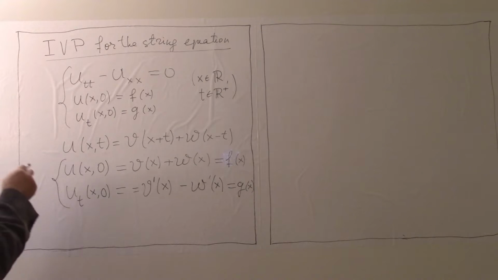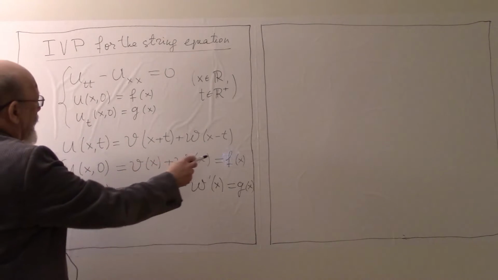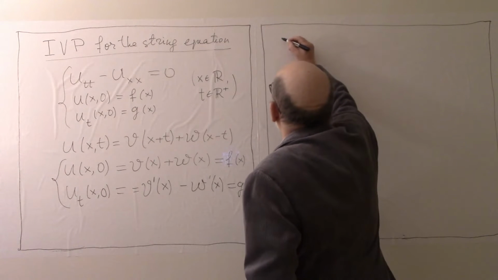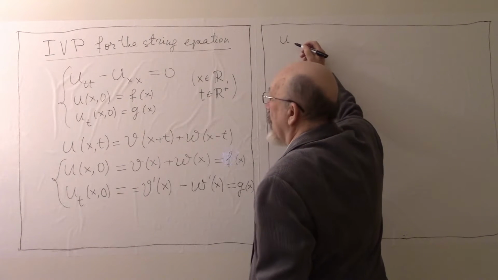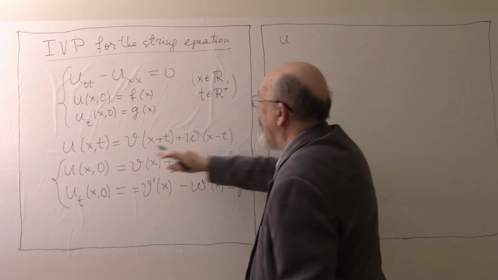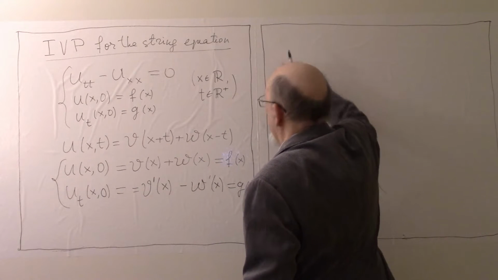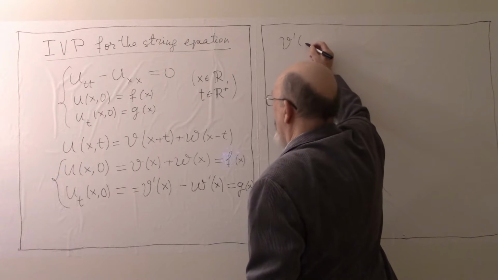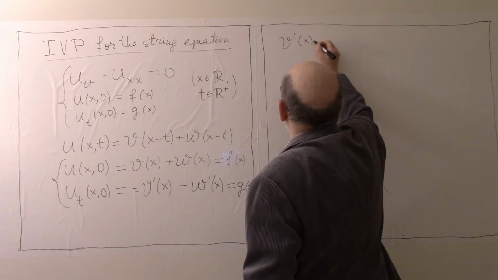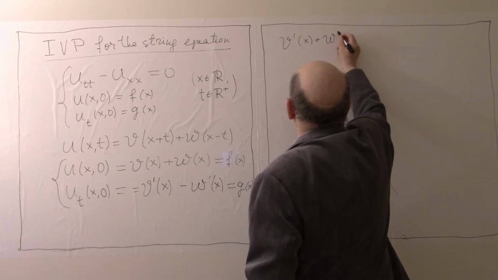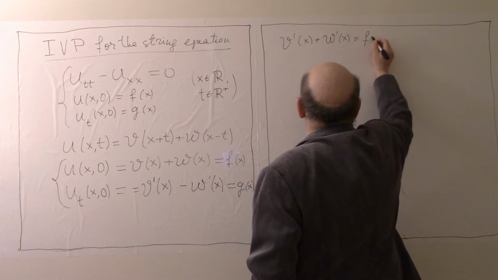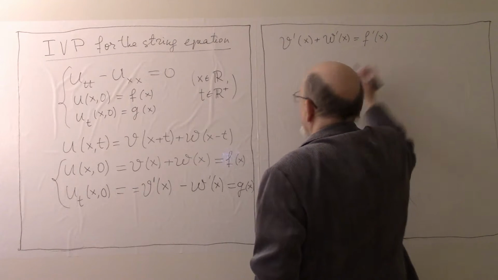Now, let us differentiate the first equation. And we have v prime of x plus w prime of x equals f prime of x.